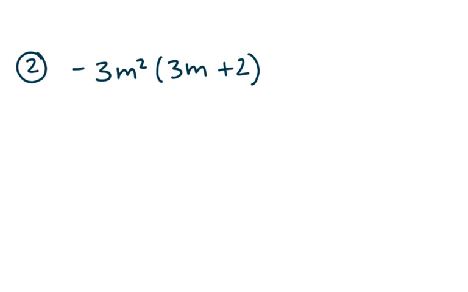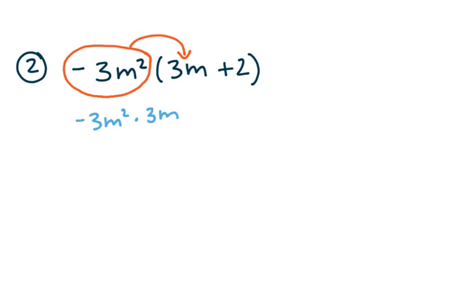For the second problem, we are distributing a negative 3m squared, and we're giving it to each term of our binomial 3m plus 2. So I'll be multiplying the negative 3m squared to the 3m. So in my mind, this is the math I'm doing. Negative 3m squared times 3m.